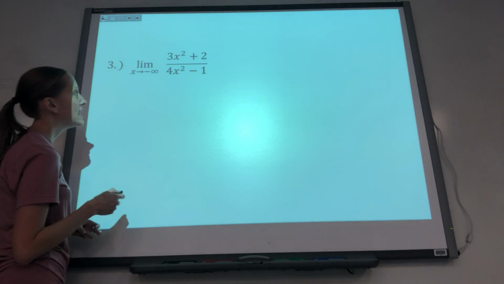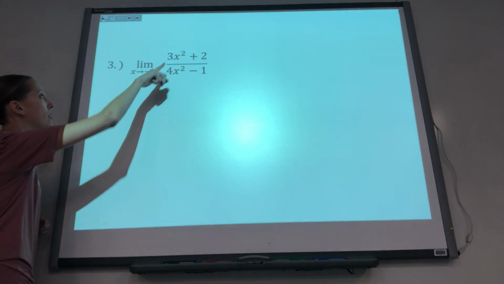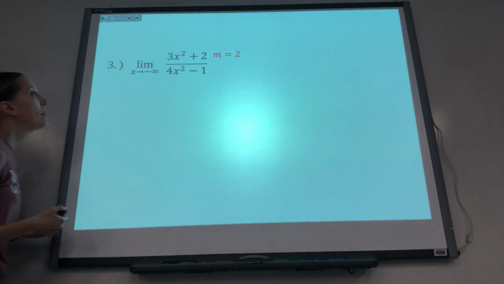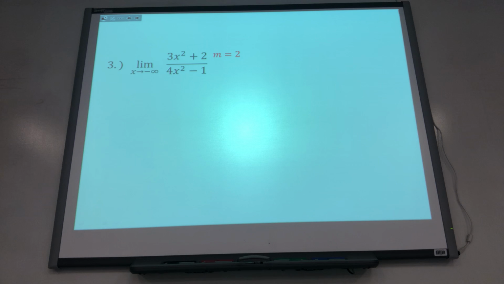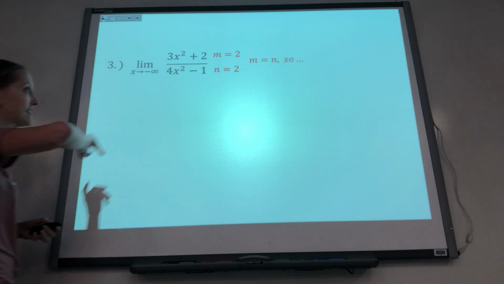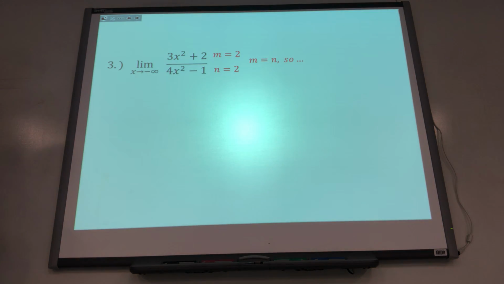M and n, that's what I'm concerned about most at first. M, biggest power of x on top, is 2. N, biggest power of x on bottom, is also 2. So this is like the third case that you wrote down. M actually equals n here.